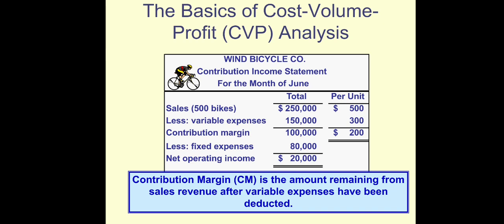Okay, so see the blue box here. Contribution margin is the amount remaining from sales revenue after variable expenses have been deducted. So in general, contribution margin is equal to revenue minus variable expenses or variable cost.